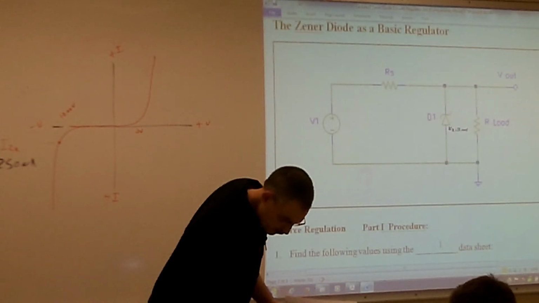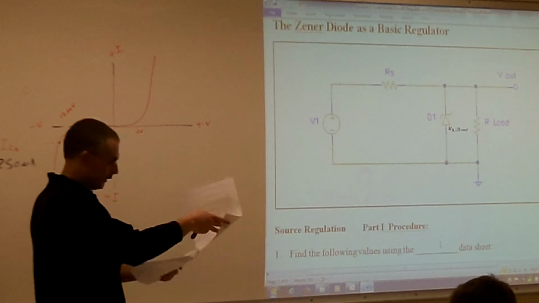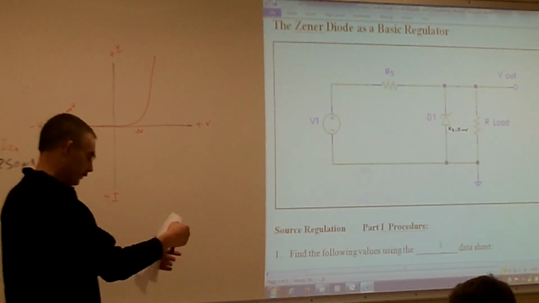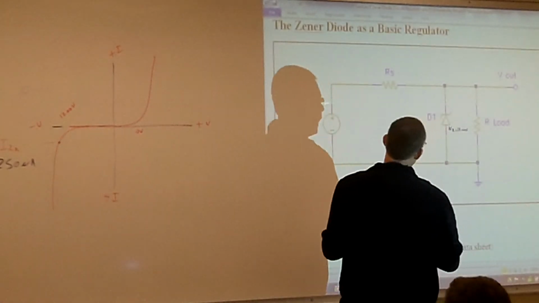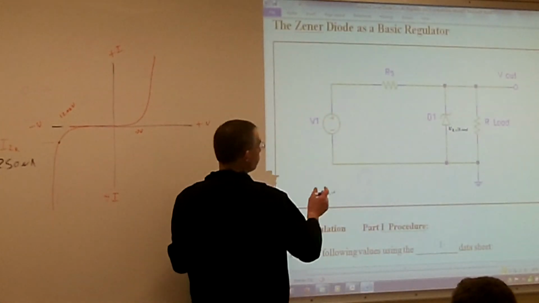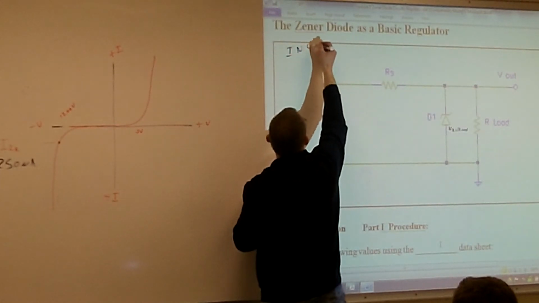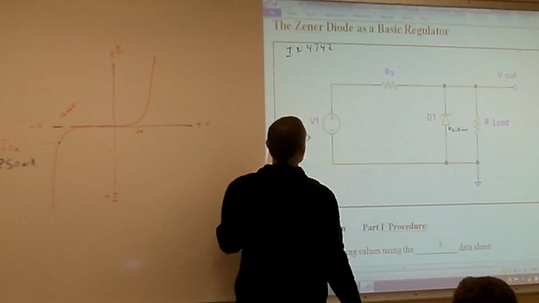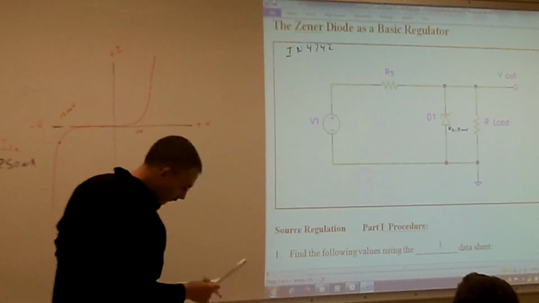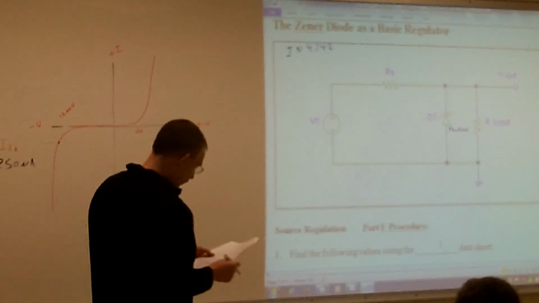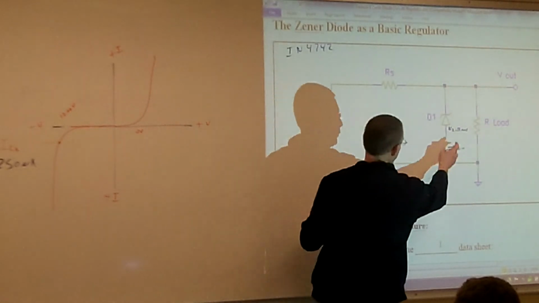I have to make sure I've got the right sheet here. So for the 12 volt Zener that we're going to use, the 1N4742, we'll refer to the data sheet listed underneath there. The nominal Zener voltage we already identified is our 12 volts.